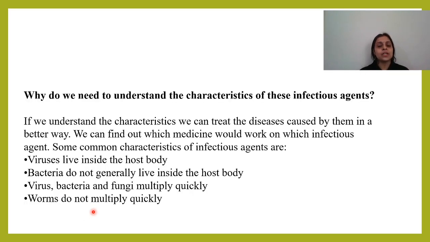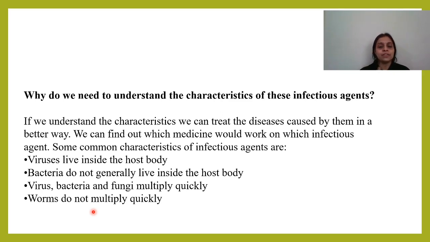Why do we need to understand the characteristics of these infectious agents? Why do we have to segregate and categorize them and understand the process? When we understand, we can treat the disease properly and in a better way. We can find out which medicine will work on an infectious agent. For example, virus lives inside the host body.